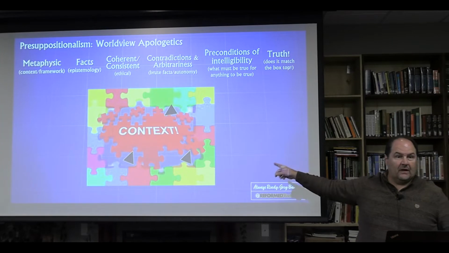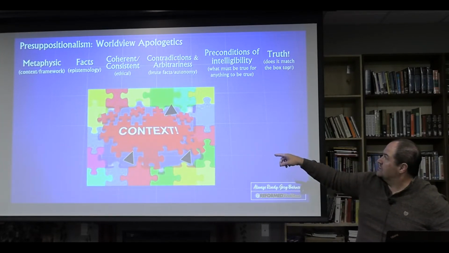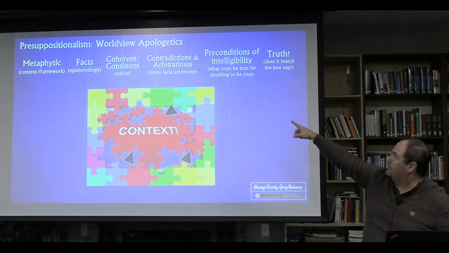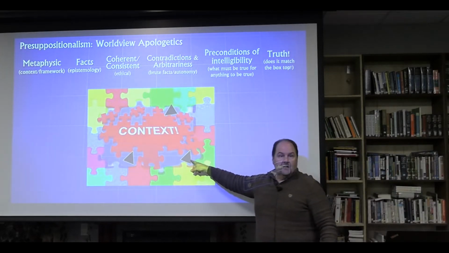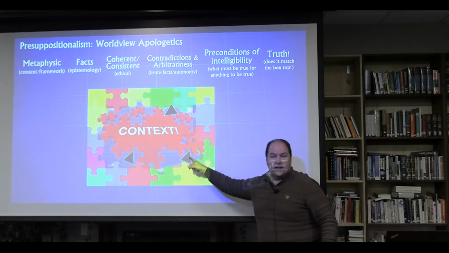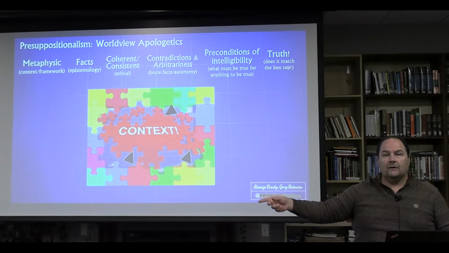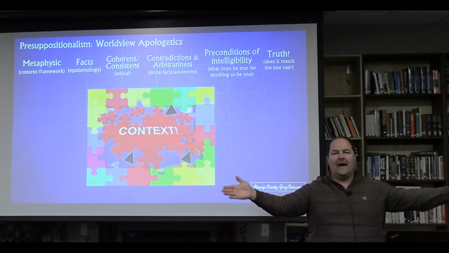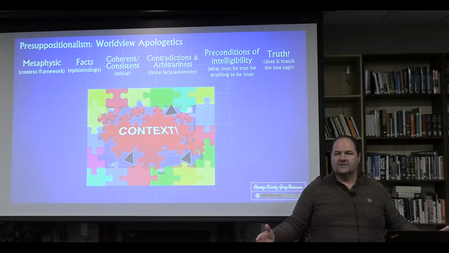What would that represent? Pieces that don't belong. So that would be something called a brute fact. This would be a contradiction. This black triangle doesn't fit in the puzzle. It doesn't belong there. But now the atheist would look and say, well, that's just a brute fact. It just is, with no grounding for it whatsoever.